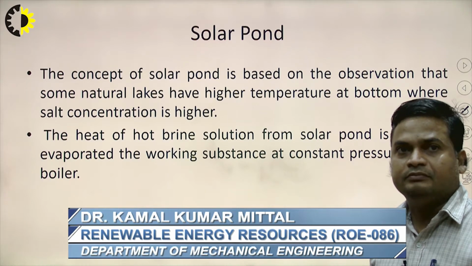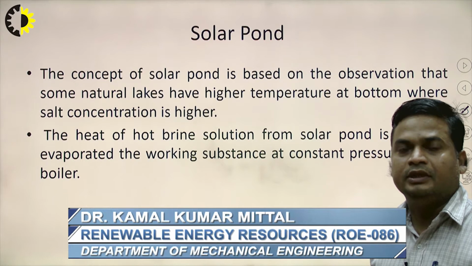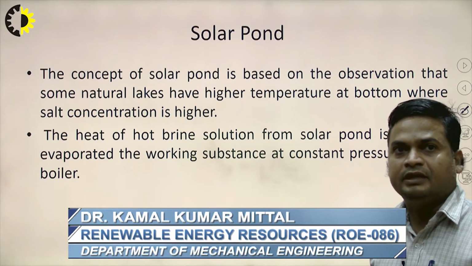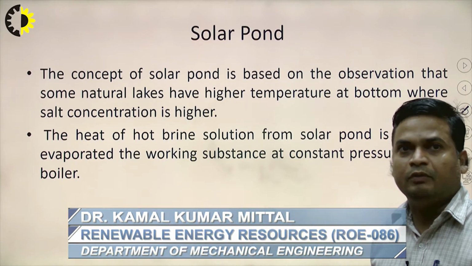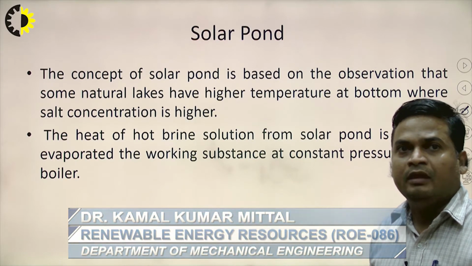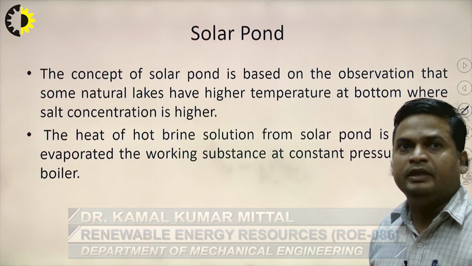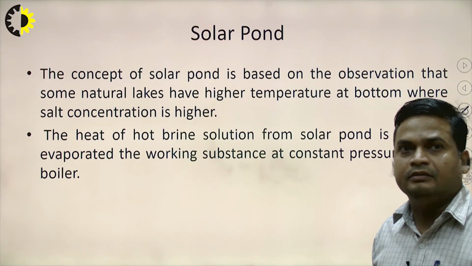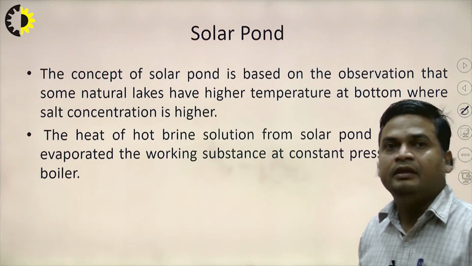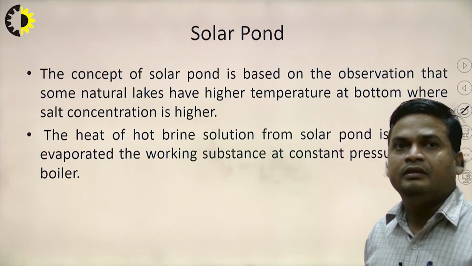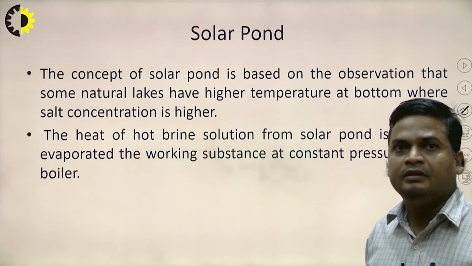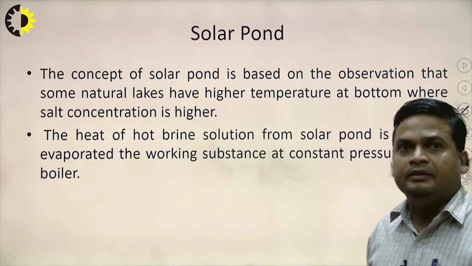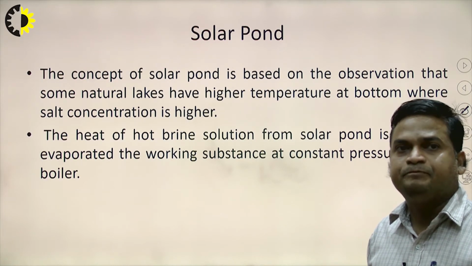So, in the last few sessions, we have discussed renewable energy, its classification, the difference between renewable and non-renewable energy, and different types of renewable energy like biomass energy, solar energy, tidal energy, ocean thermal energy conversion, and magneto-hydrodynamic energy.